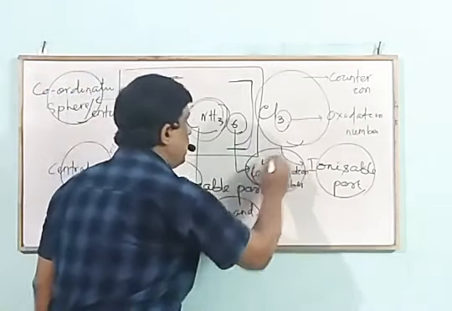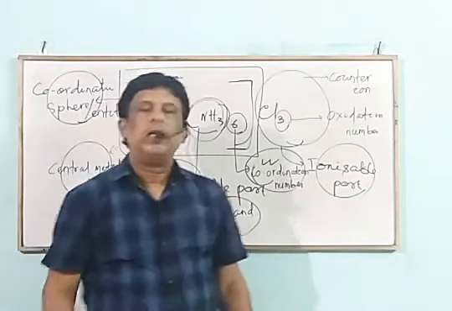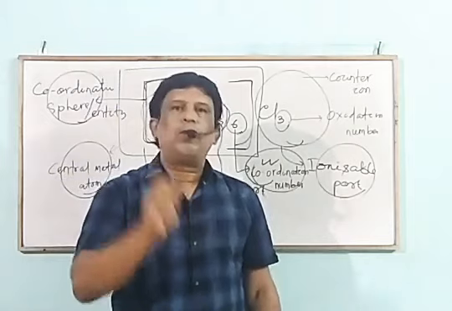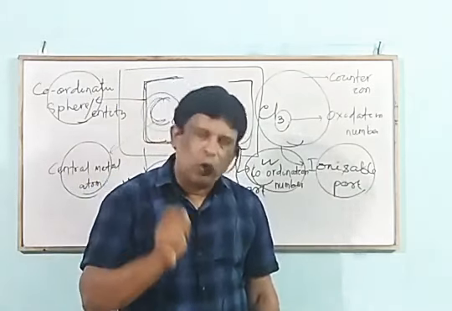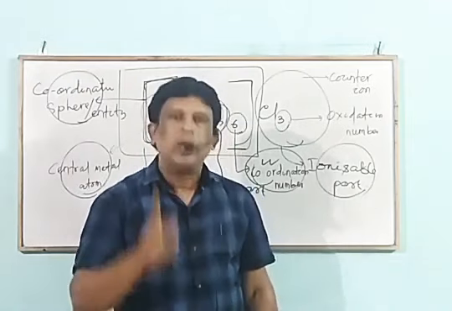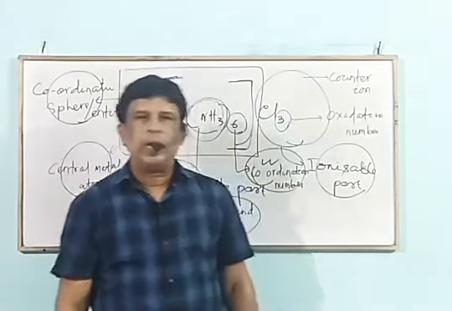Next is coordination number. What do you mean by coordination number? It denotes the number of coordinate bonds present in the complex, which are formed by the ligands with the central metal atom. I repeat again.